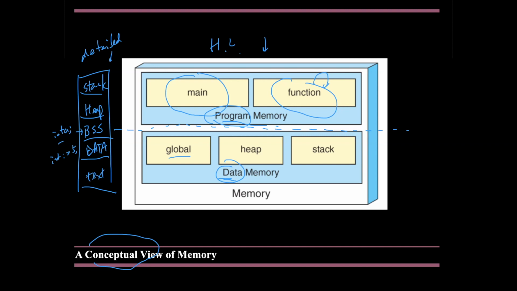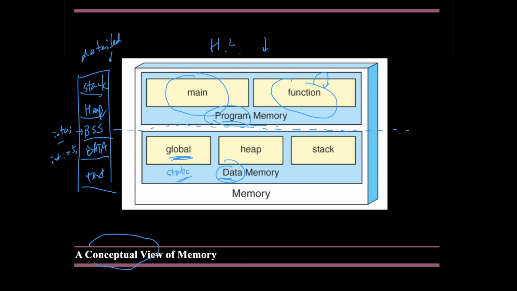So by and large, there are multiple conceptual compartmentalizations of areas of your memory for storing different things. So this is stack, this is heap. And from a data perspective, you have global variables. So this could be static.